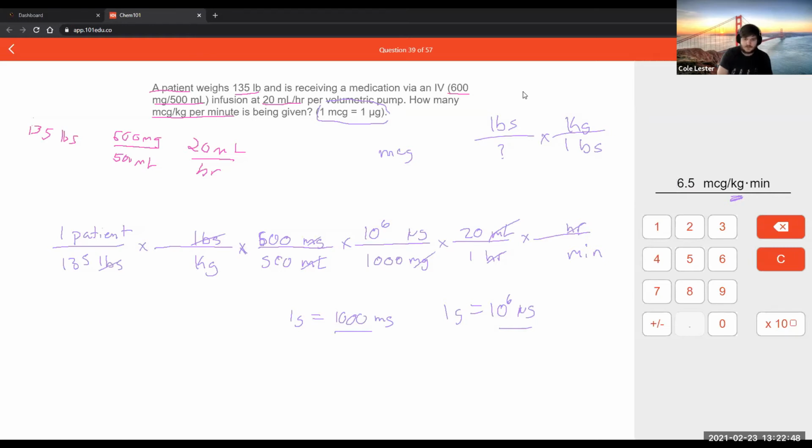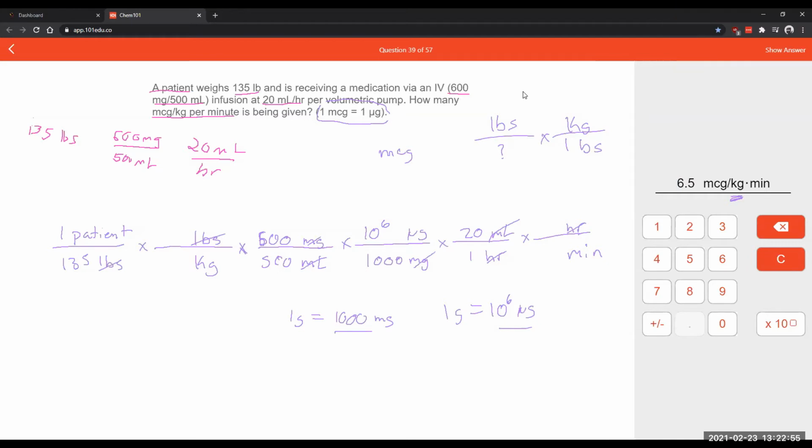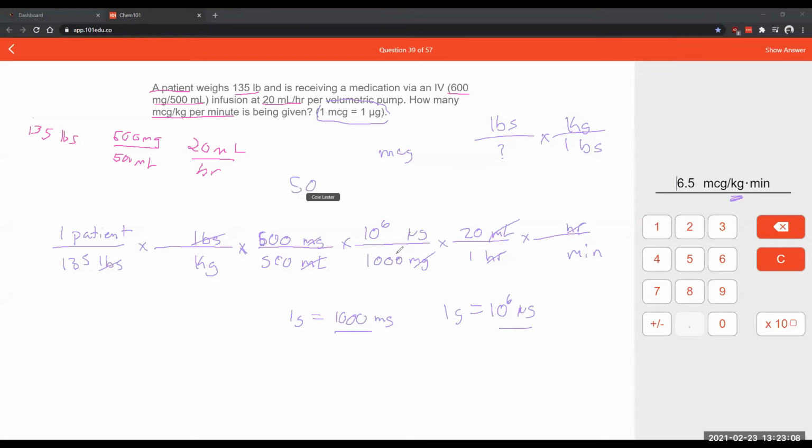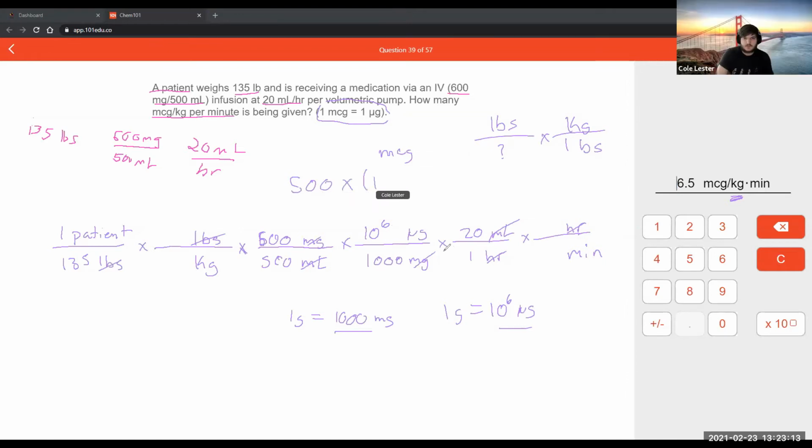But you also see it, how would you multiply 500 times 10 to the 6th? Calculator. Yeah, calculator, or you can take it out of scientific notation. Your calculator should let you put 500, then 10, then your calculator may have an exponent button, which may just let you put it like that.